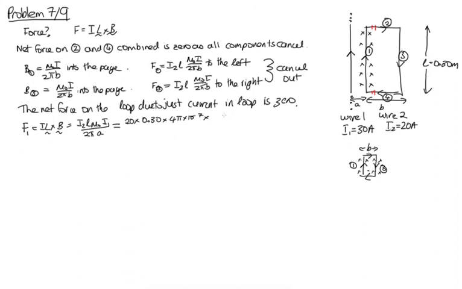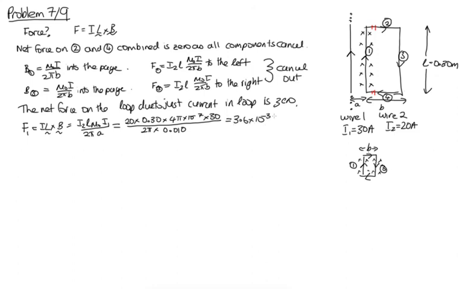I1 is 30 amps, and this is over 2 pi, and A we're told is equal to 1 centimetre, so 0.010 metres.